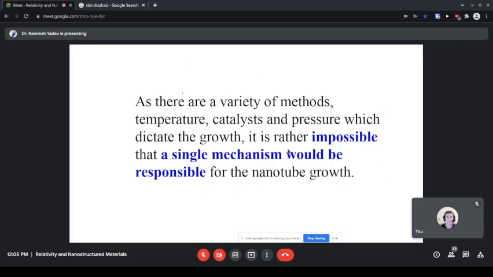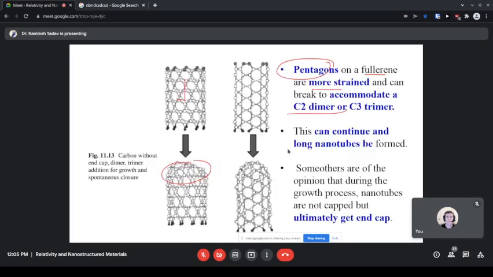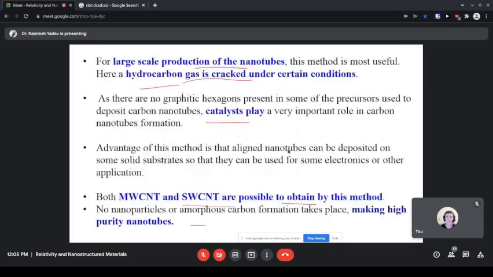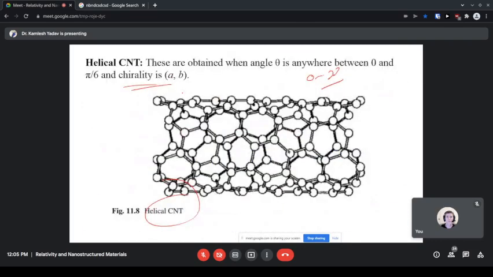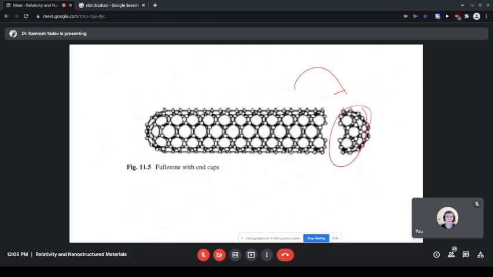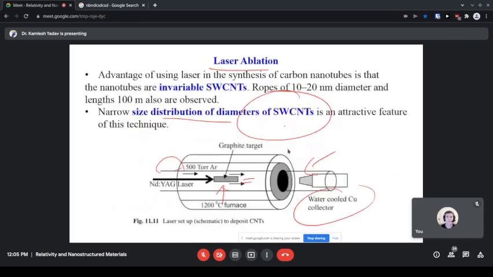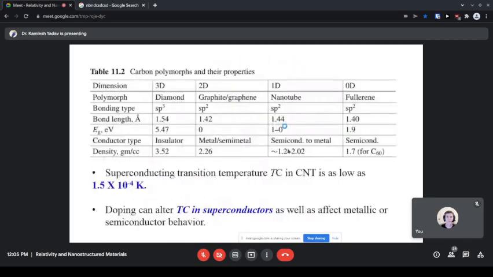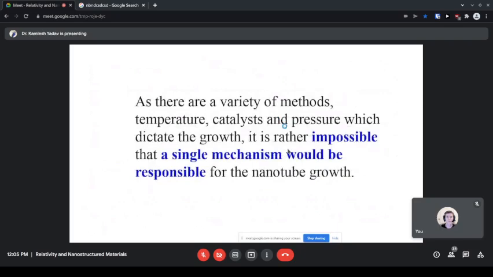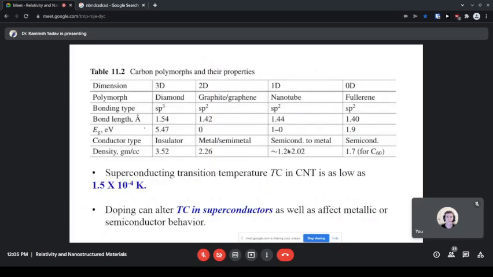But it is very difficult to tell which mechanism is operative, or whether the cap is formed first and then the nanotube grows. Depending upon the condition, a combination of mechanisms may be operative. Therefore, depending upon the condition you can obtain diamond, graphite, nanotube, fullerene, and so on.